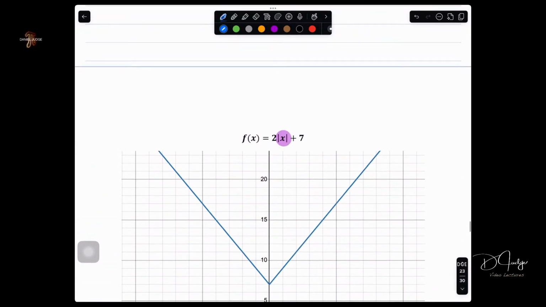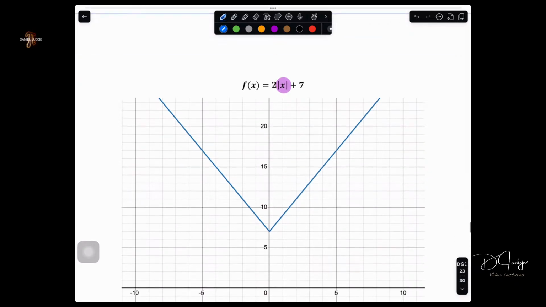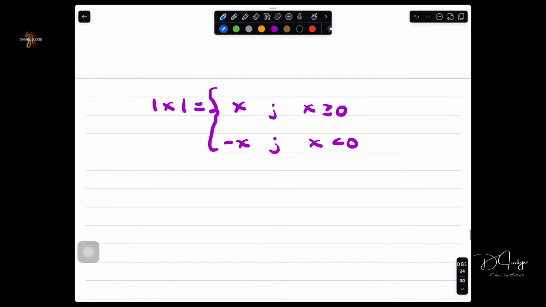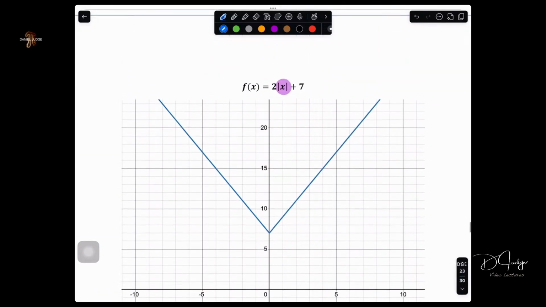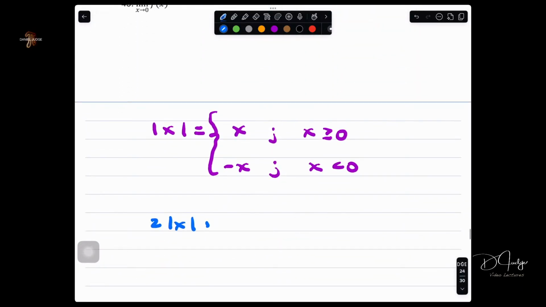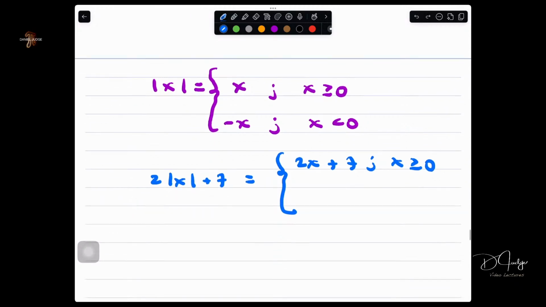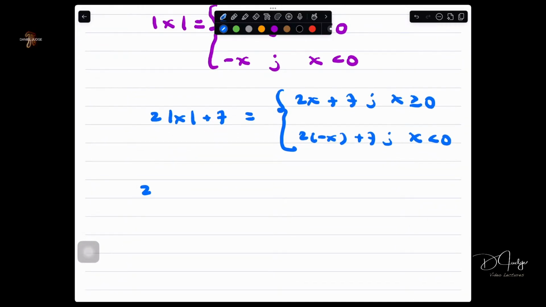So you say, okay, 2 absolute value of x plus 7 now will be defined piecewise. It's 2x plus 7 when x is greater than or equal to 0. And then it's 2 times, let's get some space here, 2 times that minus x plus 7 when x is less than 0.